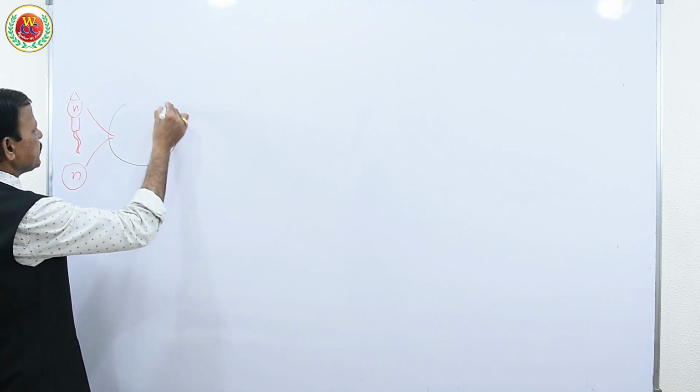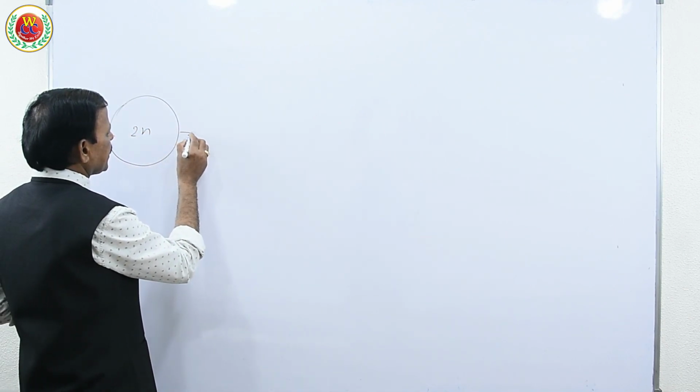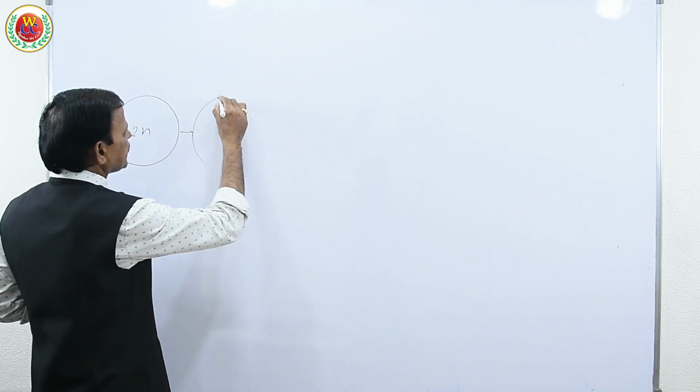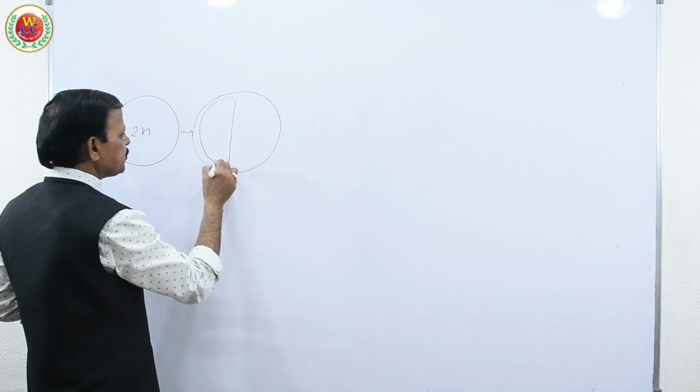Now this is a zygote. The zygote undergoes mitosis and produces the two cell stage, dividing through the animal and vegetative poles into two cells.